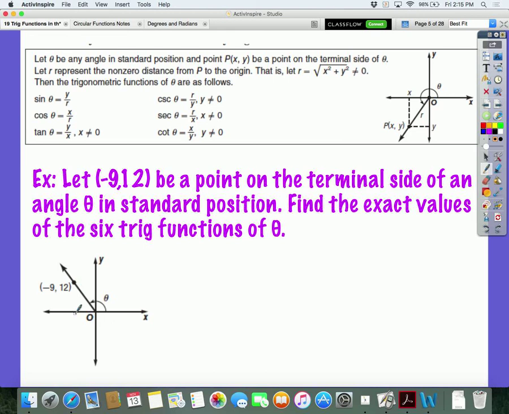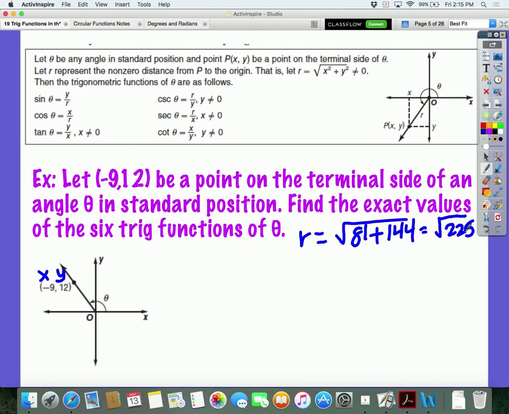We know x is negative 9, we know y is 12. The one thing we don't know is r, and we can find r by plugging into this formula. So, r equals the square root of x squared, which is 81, plus y squared, which is 144. 81 plus 144 is 225.